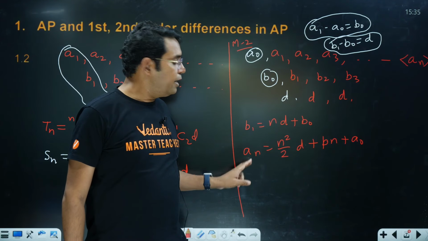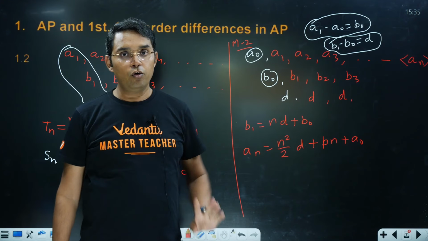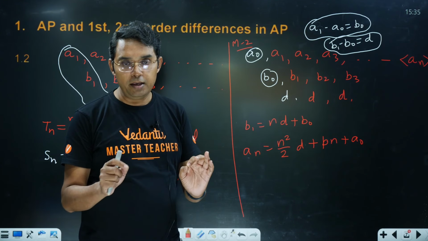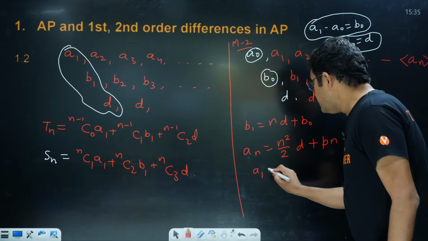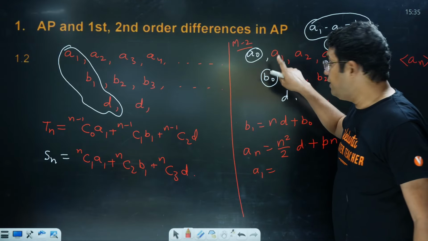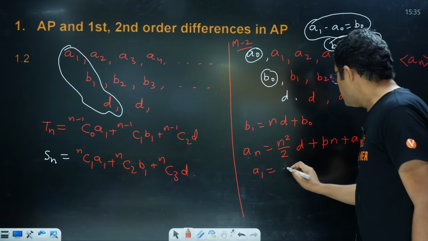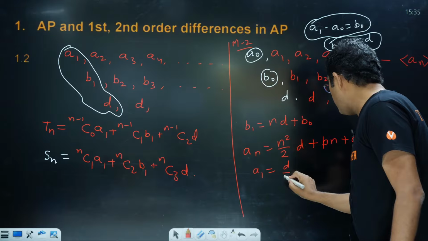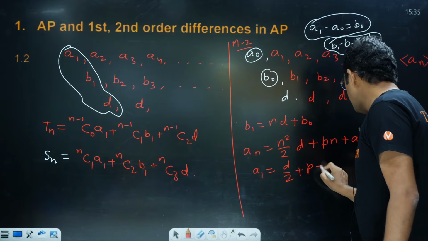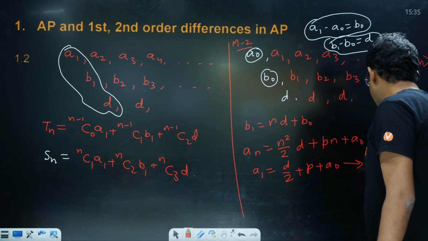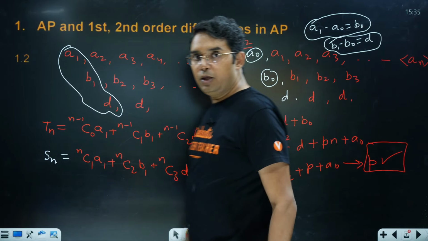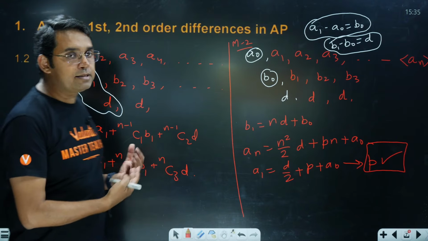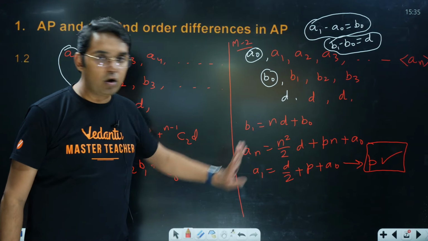So in this AN only one coefficient is to be found, that is P. And to find P, we can use n equal to 1, and A1 will be given in the question. So that will be equal to D by 2 plus P plus A0, and from that we can find P. I'm not asking you to write this as a formula, you just understand the process. So we got P here.